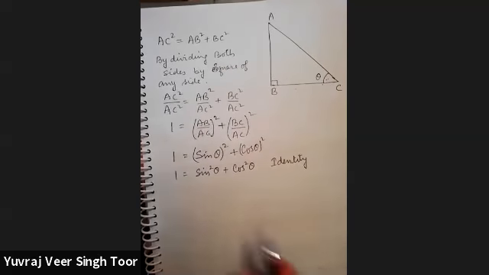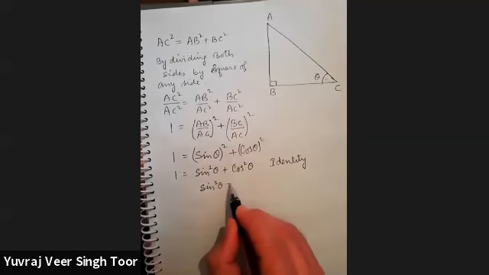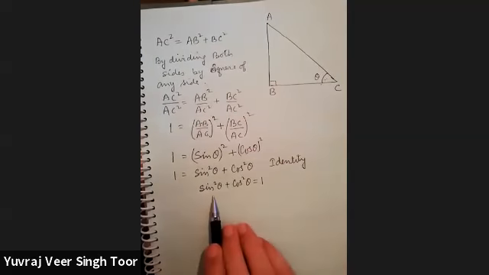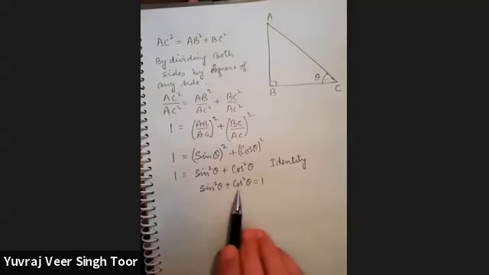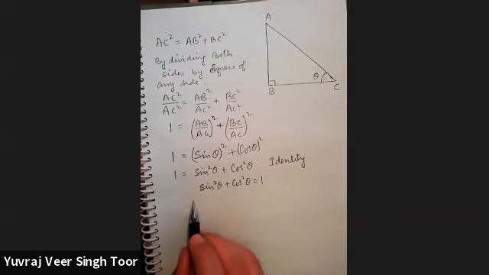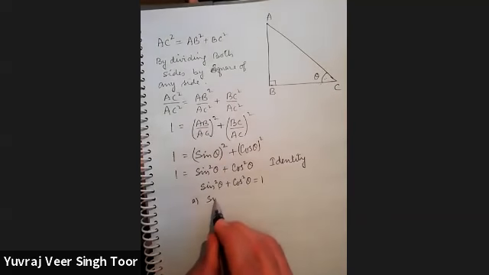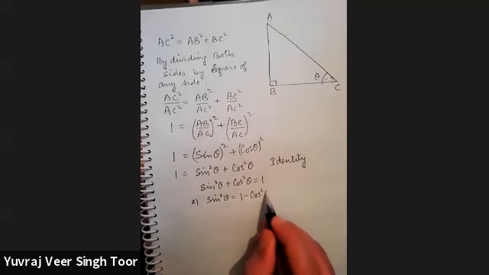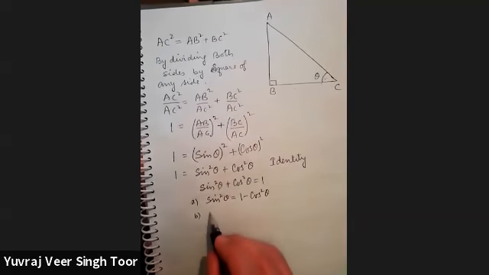So what does this result give us? It gives us sine square theta plus cos square theta equals 1, which I have explained: the square of the same angle of sine and cos, when added up, will give you 1. So you have two results further to remember. One is sine square theta can be expressed as 1 minus cos square theta, as it will be required in a question.